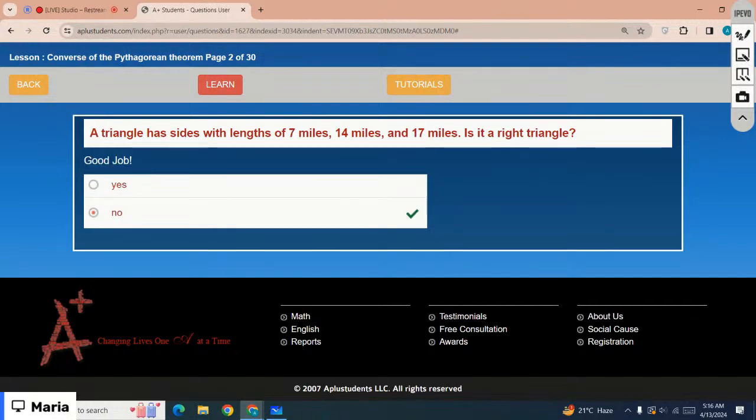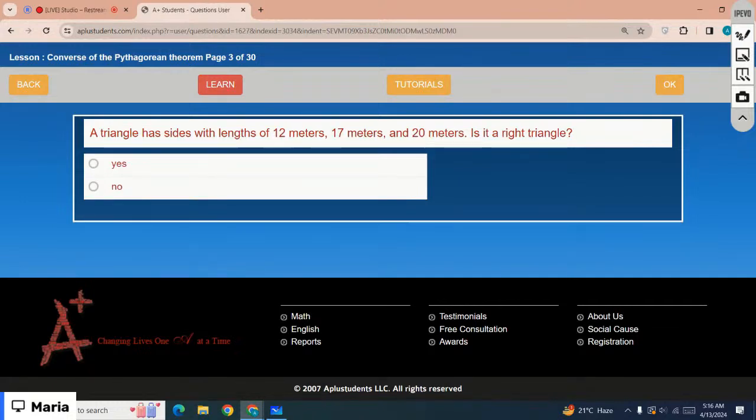Okay, let's see. The next one is a triangle has sides with side lengths of 12 meters, 17 meters, and 20 meters. Is it a right triangle?